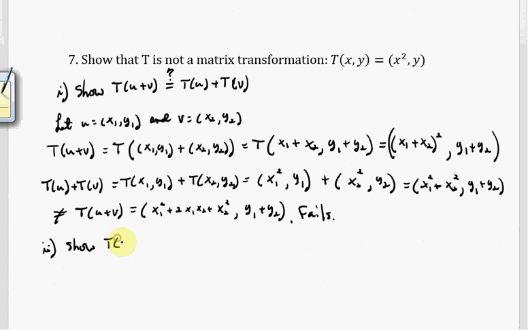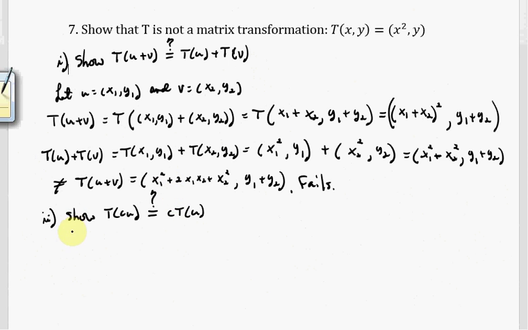Show T of cu is equal, well, question mark, we don't know. So here, T of cu is equal to T of, I'm going to put that scalar times the u, so this is (c x sub 1, c y sub 1).